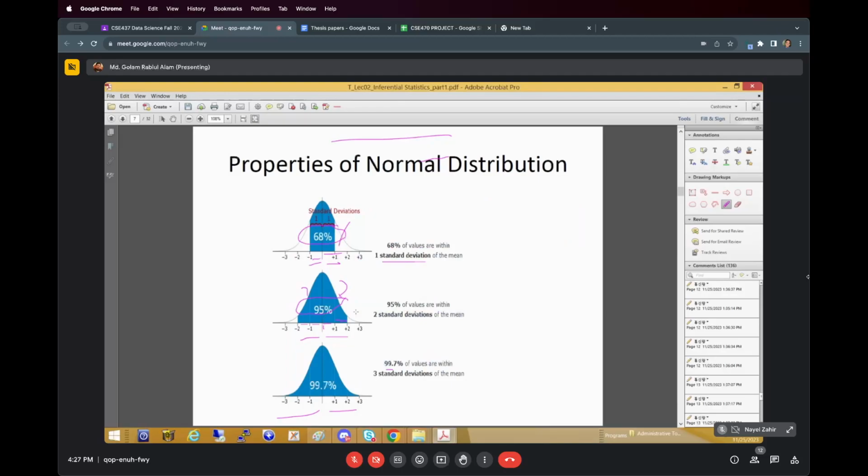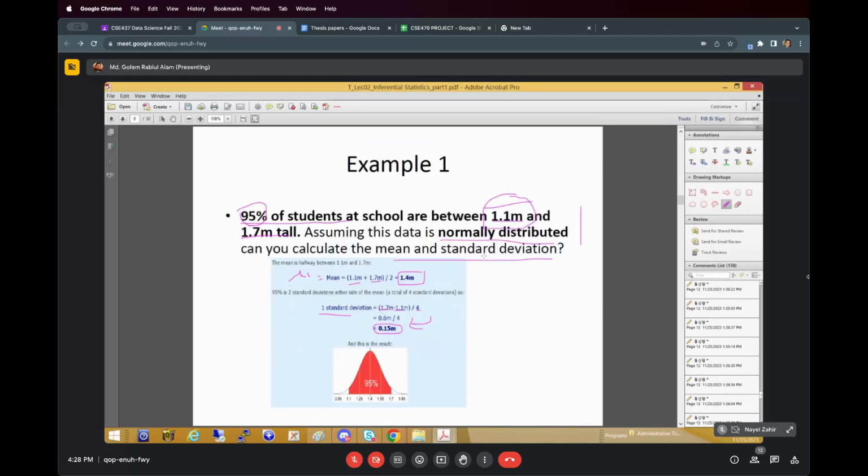And 95% of the values we will get within two standard deviations, that is positive 2 and negative 2. And 99.7% of the data you will get within three standard deviations. So these are very nice properties of our normal distribution. We will see a more granular representation also.